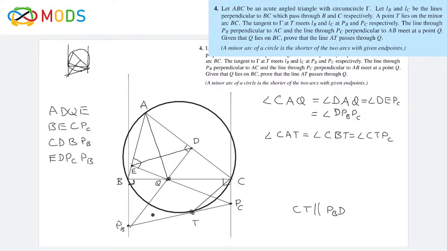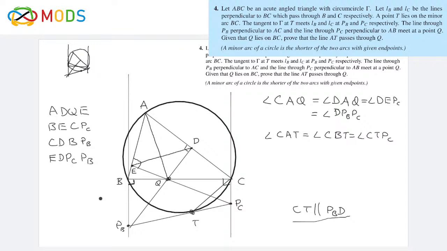You know, this holds if T is the antipode of A. Does it? Yeah. Why?